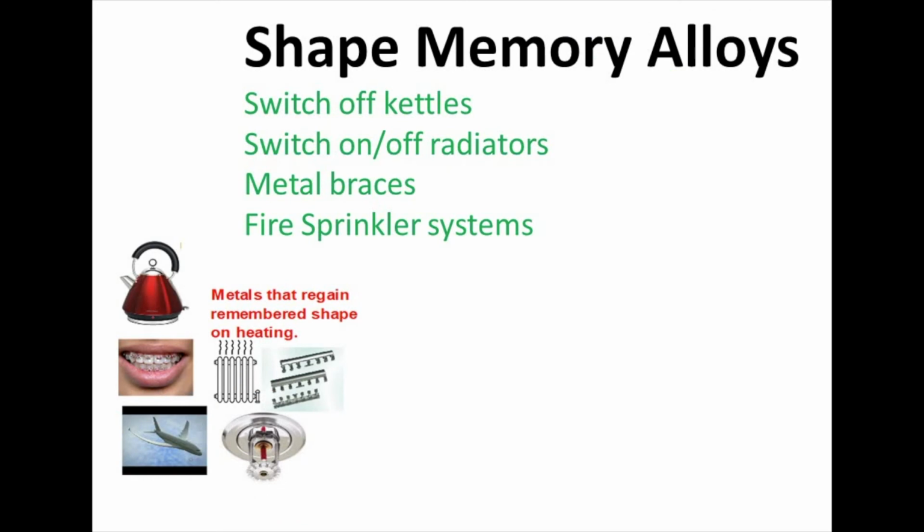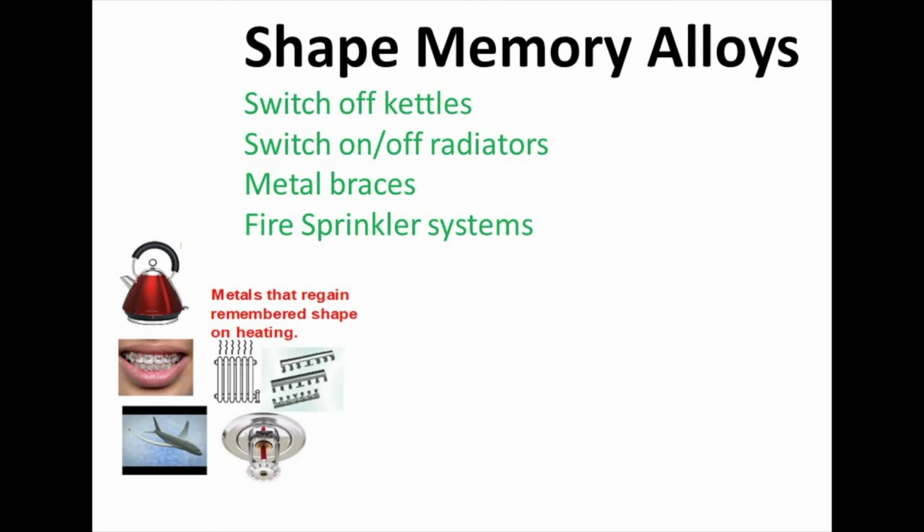Shape memory alloys, these can be used in kettles, radiators, metal braces, fire sprinkler systems. So these are metals that regain the remembered shape on heating. Previous one was shape memory polymer, that were plastics that regain the remembered shape on heating. Okay, so kettles will switch off when they get to a certain temperature.